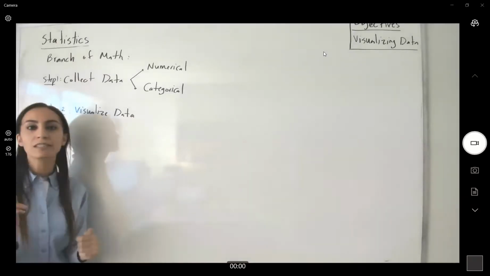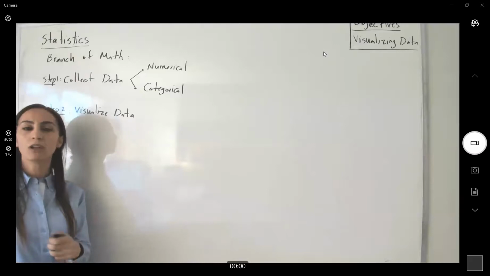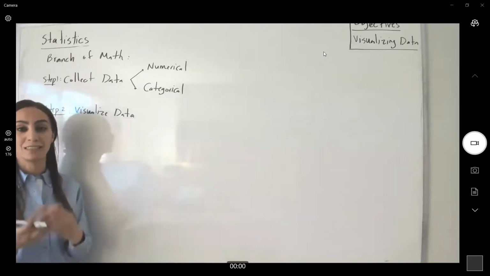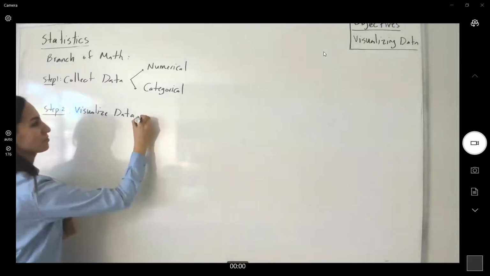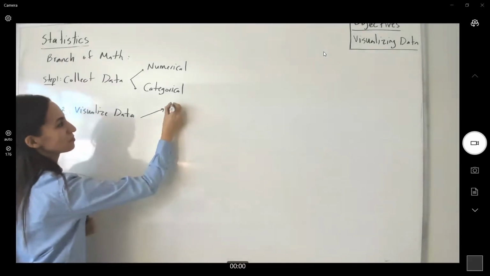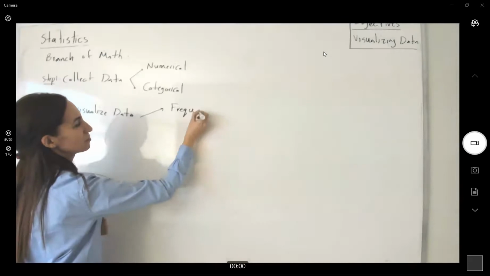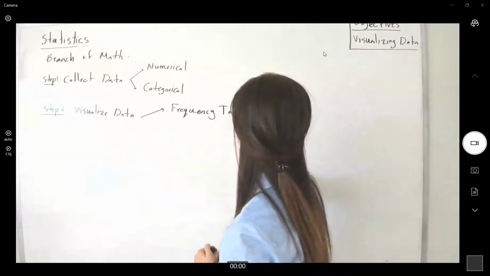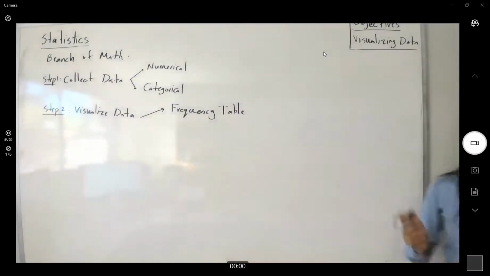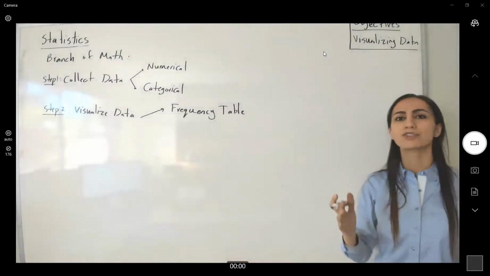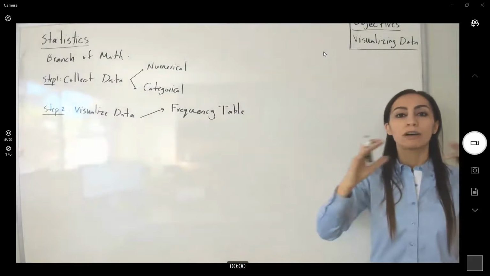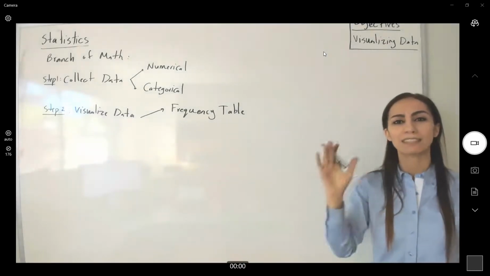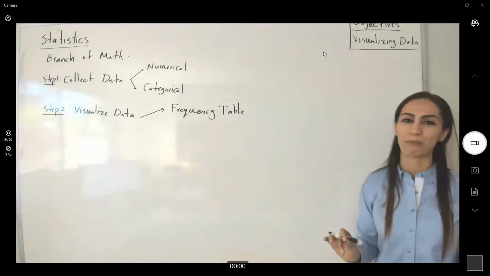The very first method in visualizing the data is using a frequency table. A frequency table helps us gather the data and write it in a compact and nice format.